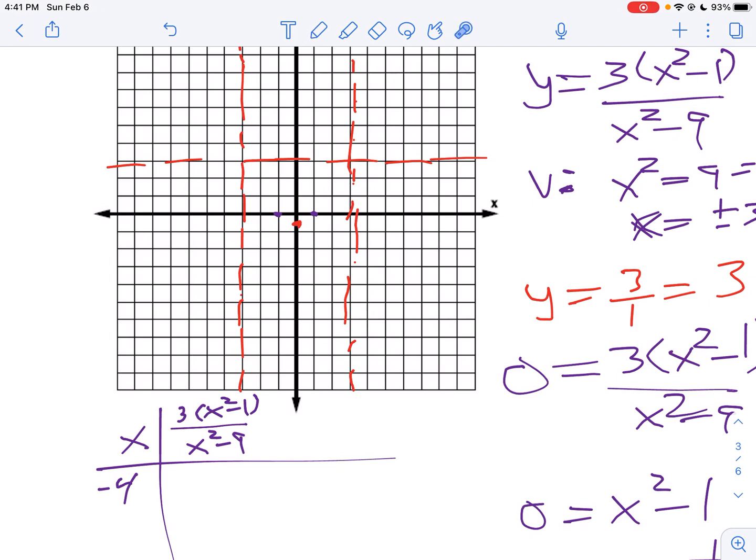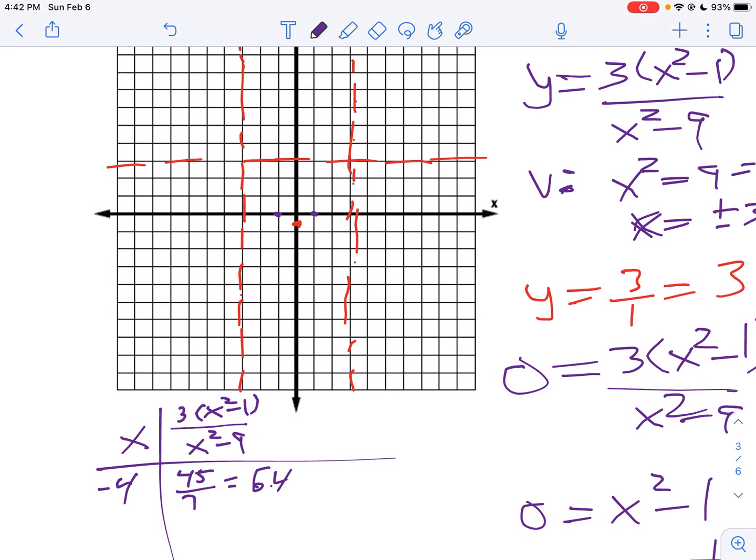If I put in negative 4 for x, negative 4 squared is 16, 16 minus 1 is 15, 15 times 3 is 45. In the denominator, negative 4 squared is 16 minus 9, which is 7. So 45 over 7, and I get about 6.4.